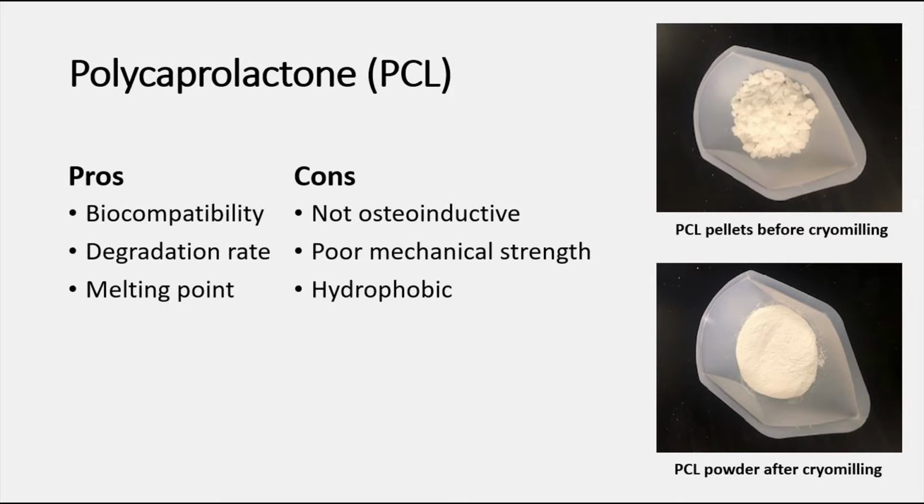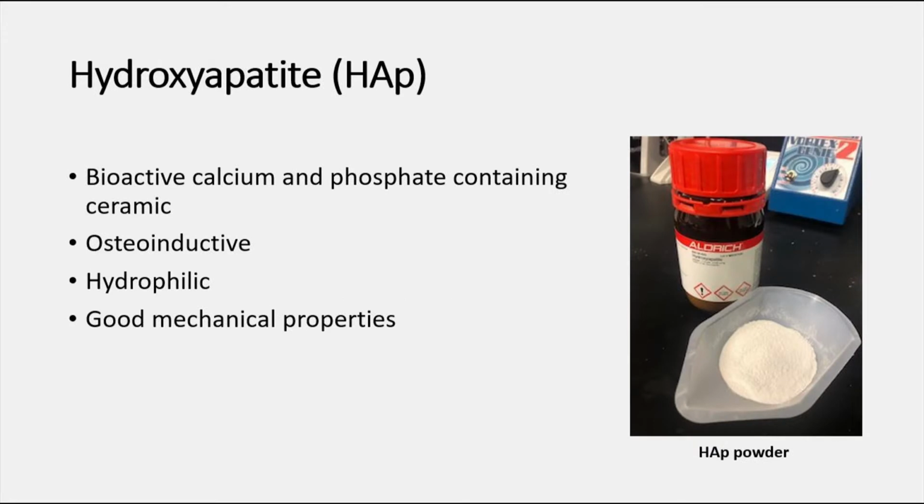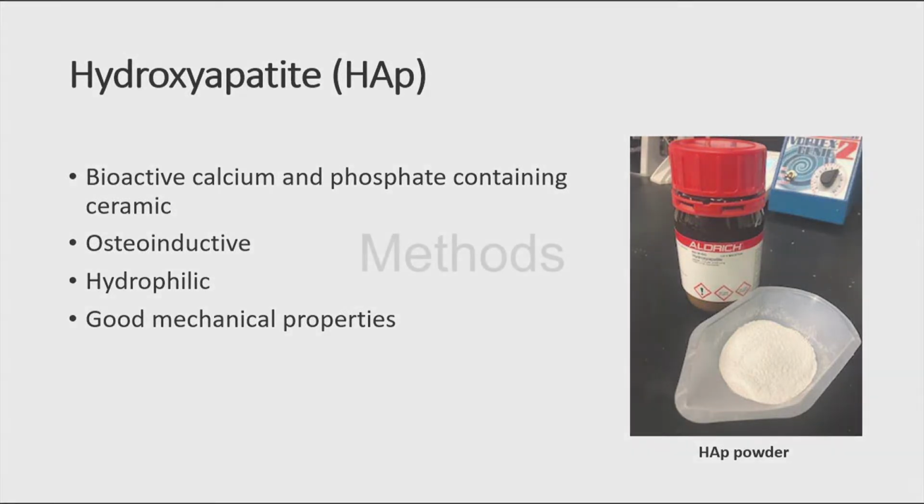Therefore, mixing this polymer with a bioactive ceramic, such as hydroxyapatite, or HAP, creates a bioactive composite with enhanced biocompatibility, mechanical strength, and hydrophilicity. Additionally, HAP promotes proliferation and differentiation of osteoblasts.